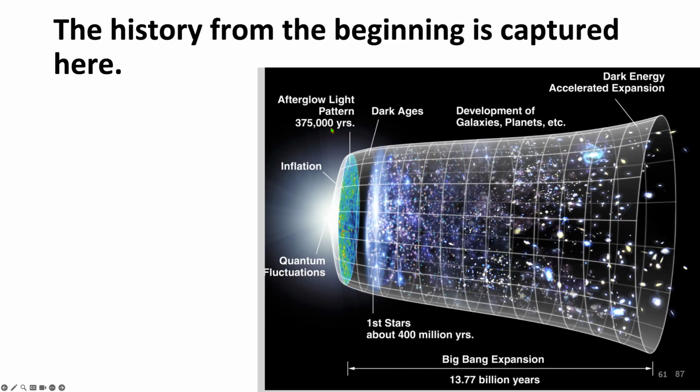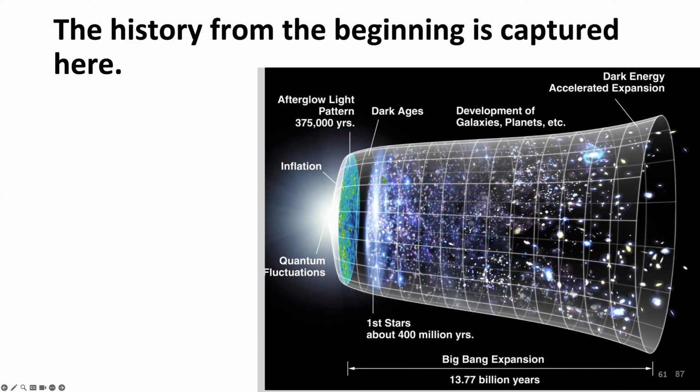It was predicted in the late 1940s, not detected for another 20 years, and now we have detailed information about the cosmic microwave background, this disk of yellow and red and blue. But we'll go into that in more detail. But that light is still flowing in the universe, and we have pictures of it. That's extremely useful. Tons of information.